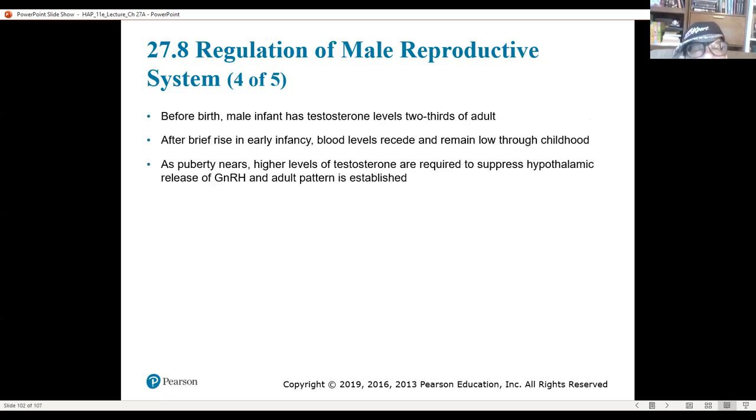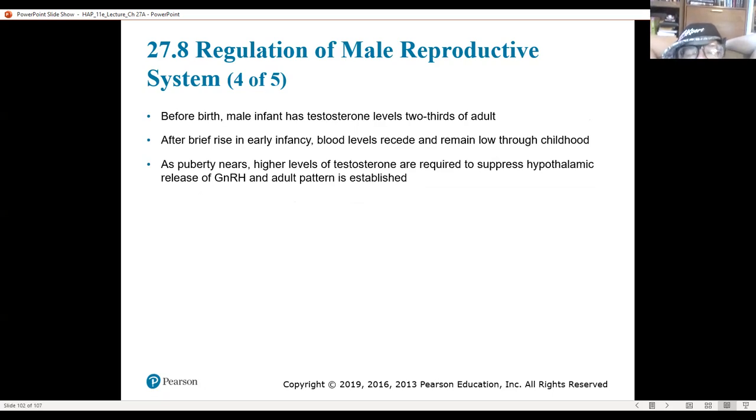All right, so before birth, a baby has a testosterone level about two-thirds as high as an adult male. Very briefly in early infancy, the blood levels drop and they stay really low through childhood.